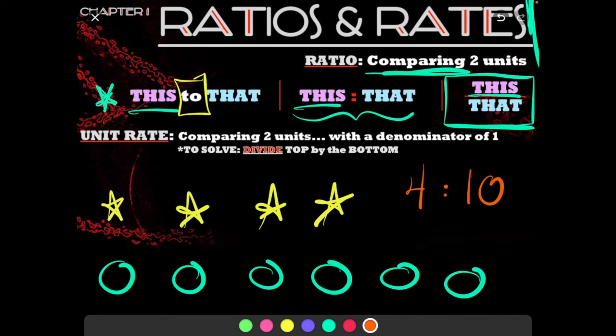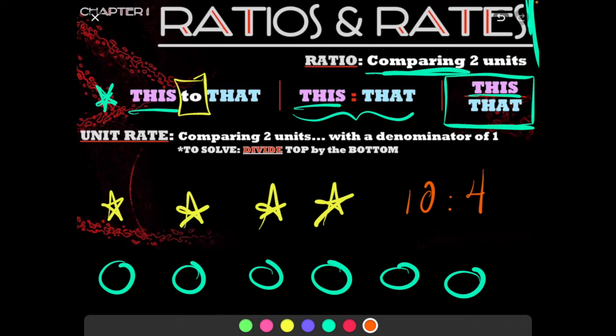So you've got a ratio of 4 to 10: 4 out of the 10 shapes are stars. And if you said it the other way, you would have to write it in the other order. If they said, what's the number of shapes, which would be 10, compared to the number of stars, which was 4, so shapes to stars, 10 to 4.